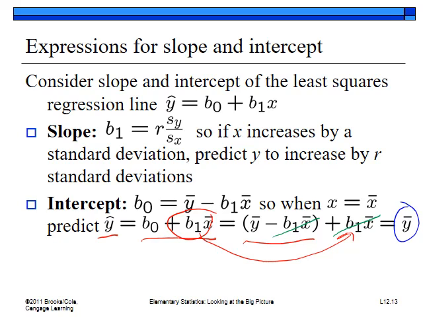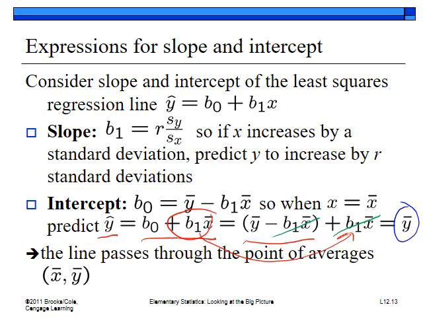That means when I plug x bar into the regression equation, I always get y bar. If you plug in the mean value of x into the regression equation, you get the mean value for y. That means that our line always passes through what's called the point of averages. The x value is the mean x, the y value is the mean y.